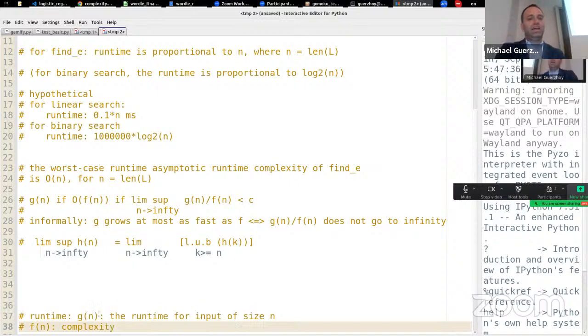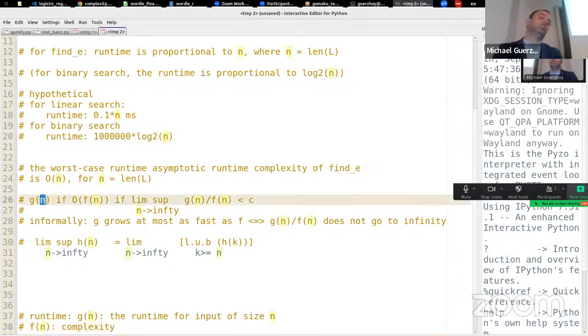If I say O of n, that means the ratio of the actual worst case runtime to n is not going to go to infinity. That is the rigorous definition. The non-rigorous definition is just that the runtime is proportional to whatever this is.